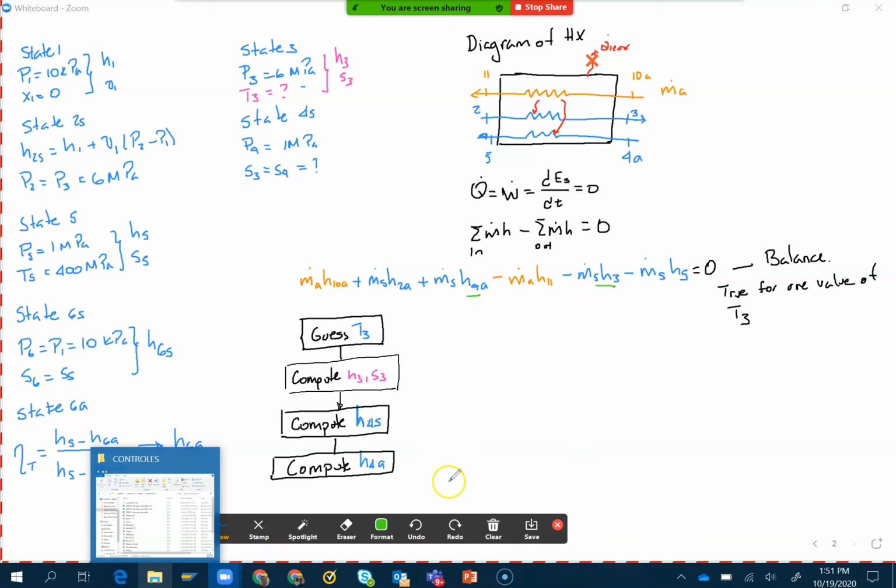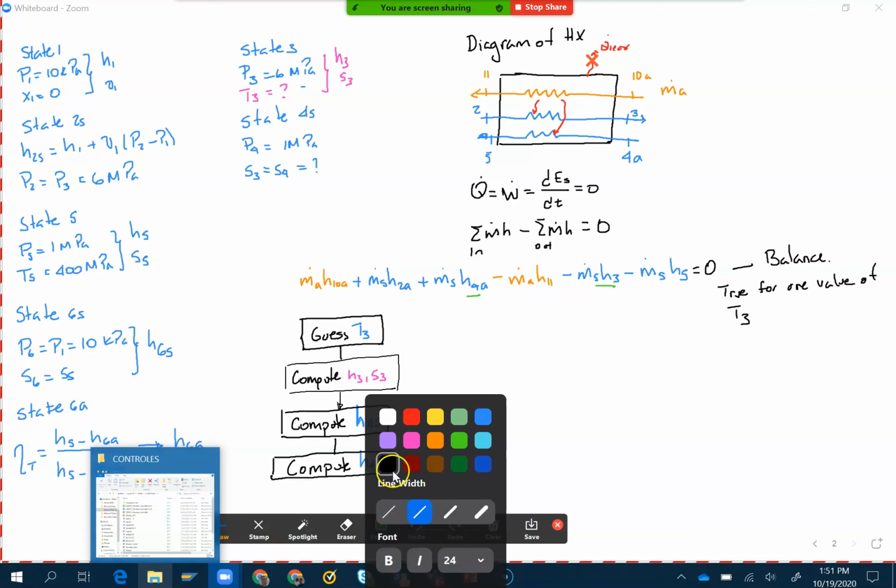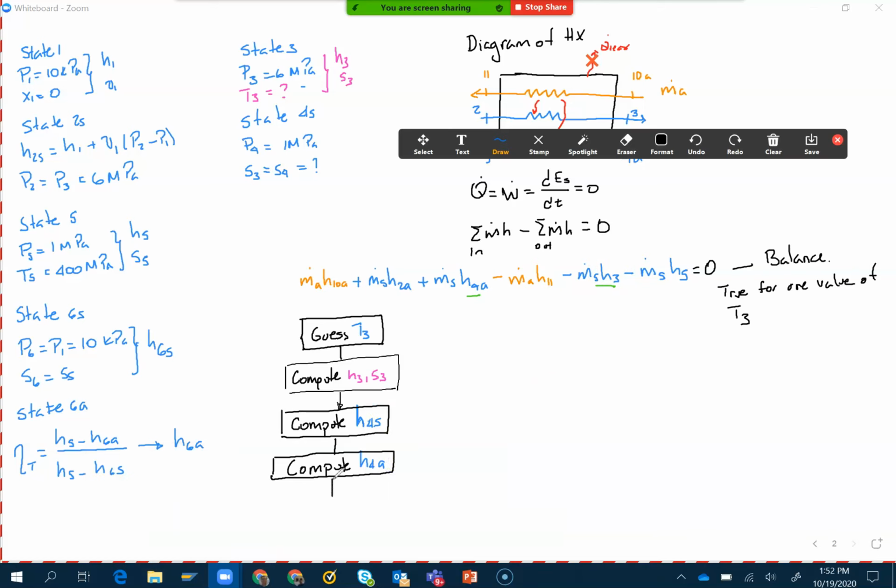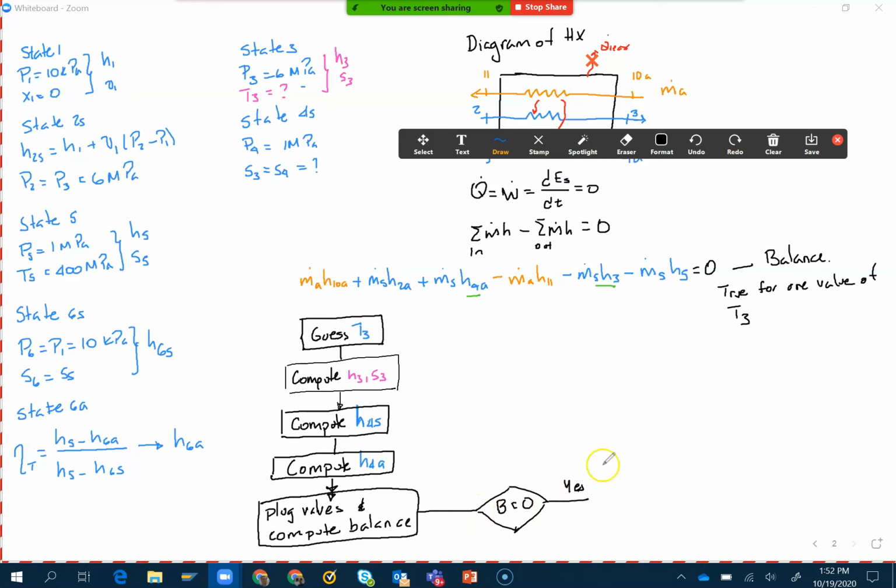We plug them here, so now we can compute the balance. The balance is this equation. Is it zero? If the answer is yes, then we know T3.